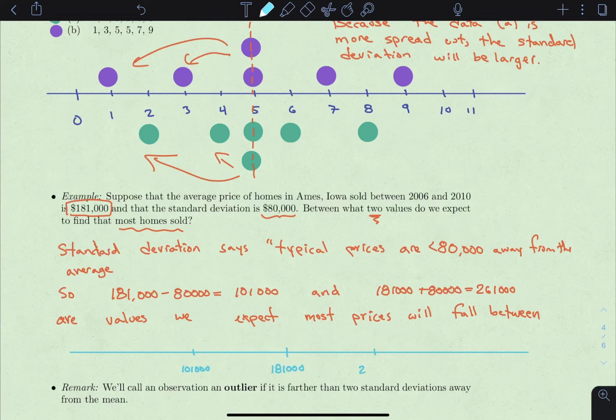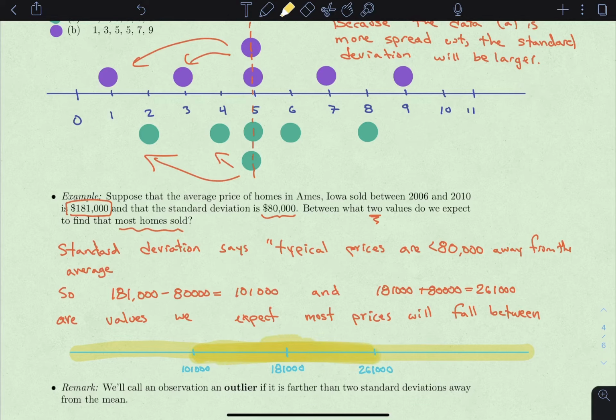So what we're saying is most homes are sold somewhere in this range. And you can expect that even more of the homes will be sold closer to the average. It's just a way to get a feel for what standard deviation is trying to communicate. Certainly there'll be even some homes that are sold across the whole spectrum. But it's where is the density of most of the homes?